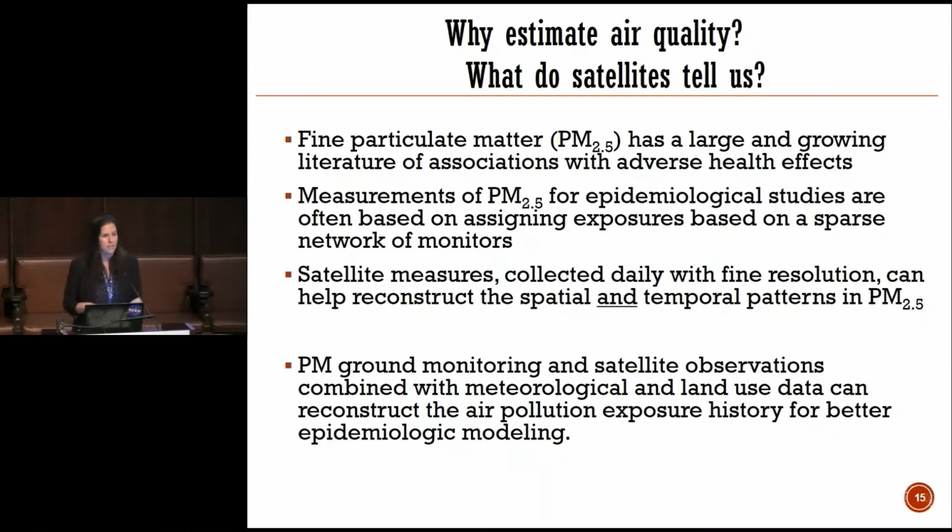So many studies that look at the association between AOD and PM are adding more data, like meteorological data, land use, and transportation, in order to create an air pollution exposure history database for better exposure metrics for public health studies.